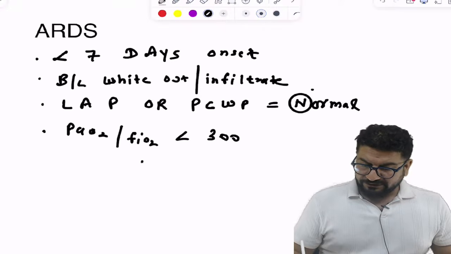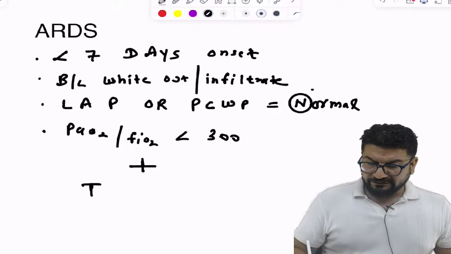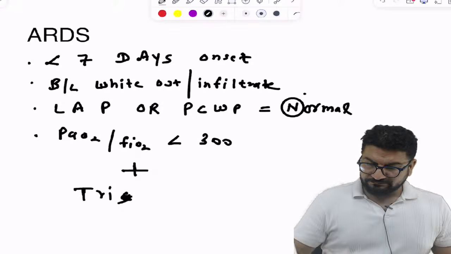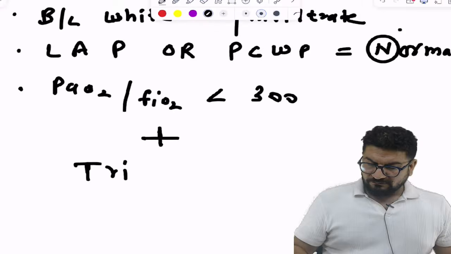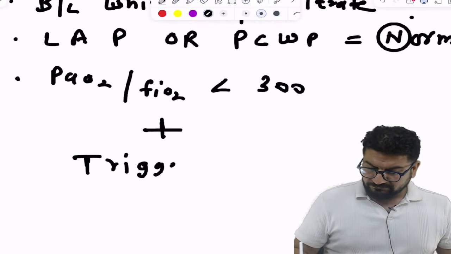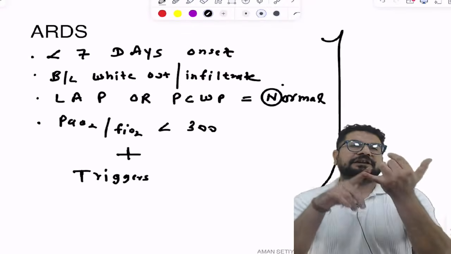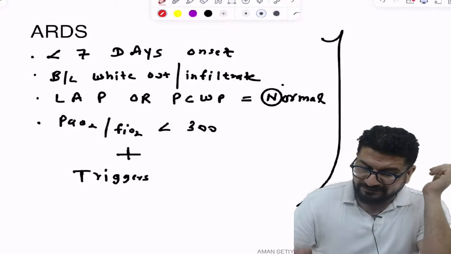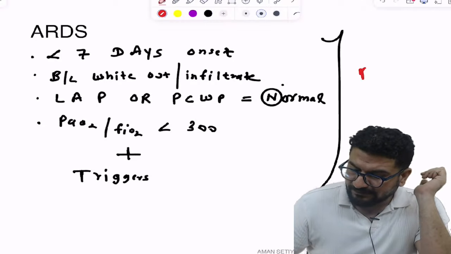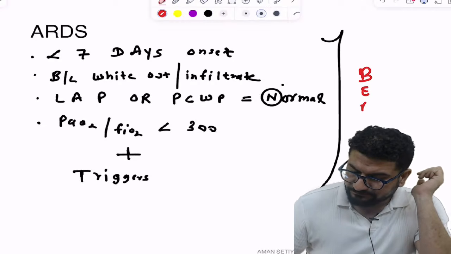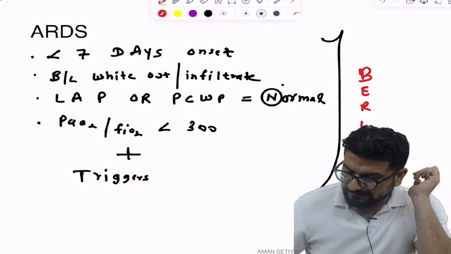Along with this we need triggers. What are the triggers? Triggers will be certain infections, it could be pneumonia, it could be sepsis. So this is what I have written in front of you today. This is called Berlin's criteria, and they ask you Berlin's criteria.